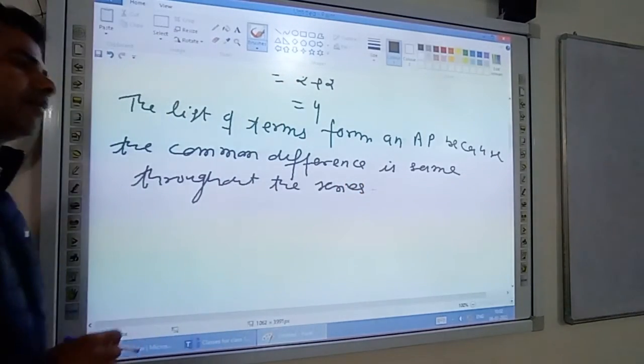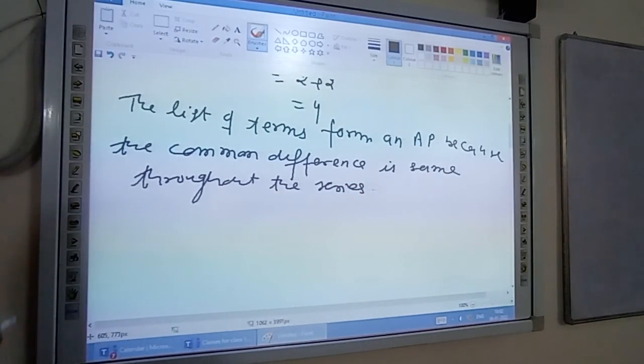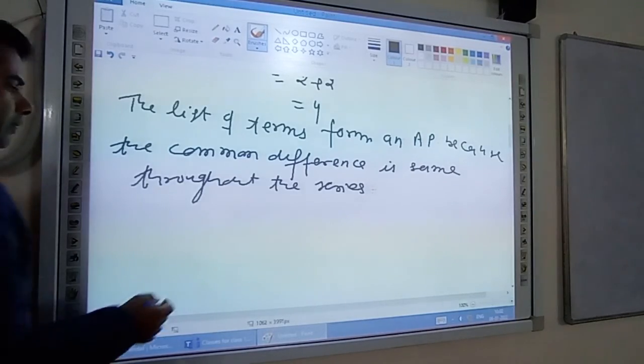If common difference is the same, we have to find out the next three more terms. That is fifth term.